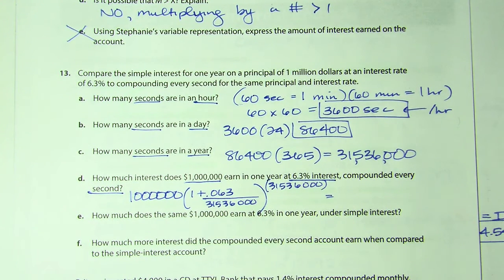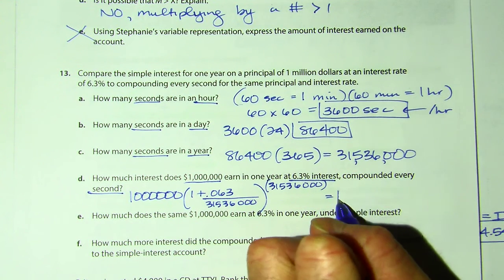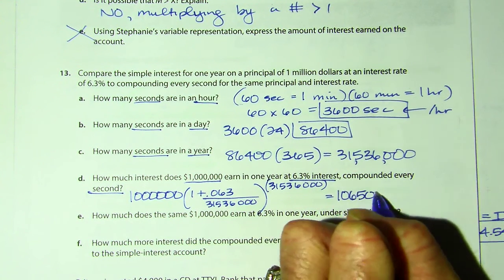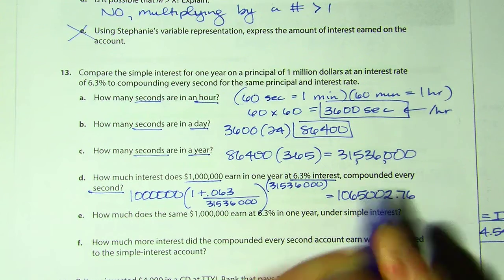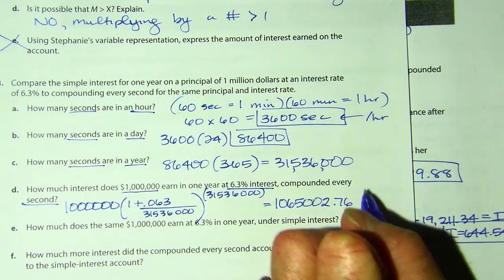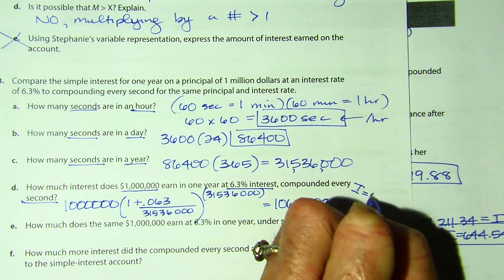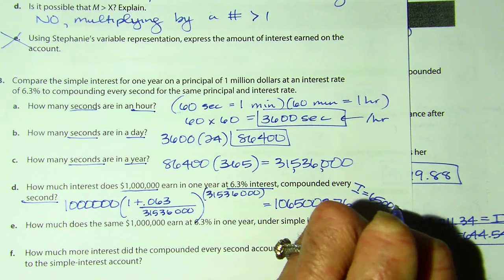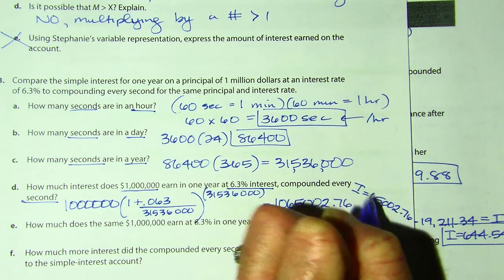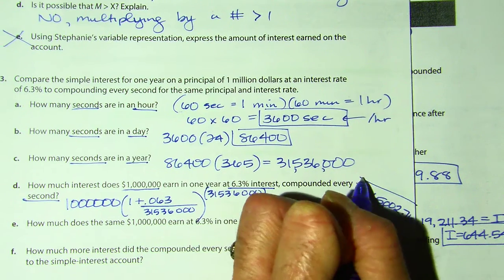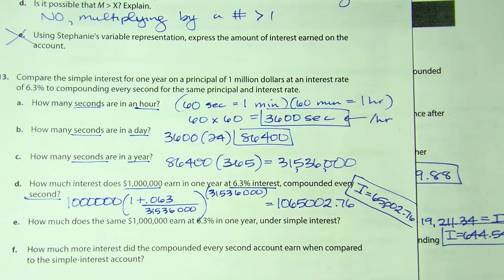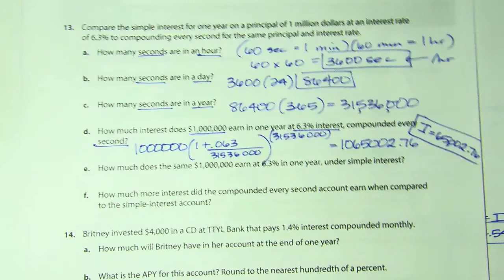So if we enter that in our calculator, how much would I earn? My account total means I would have earned over $65,000 in just interest, which is why it's beneficial. The more you have in your bank, the more interest you're going to earn.